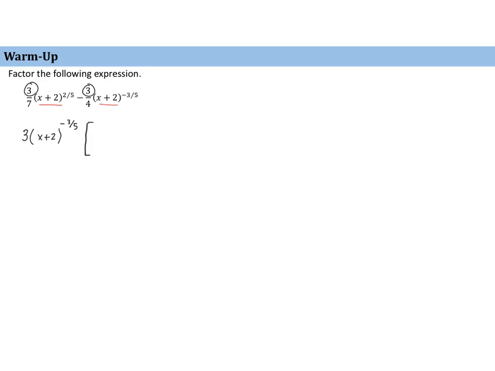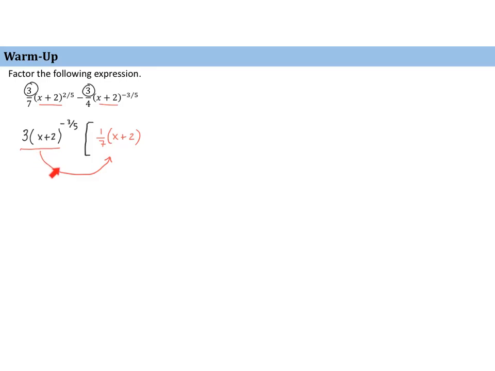To determine that, we'll look at distributing this quantity throughout in order to obtain the original expression. So if we look at 3 times the quantity x plus 2 to the negative 3/5, what would it take in order to obtain our original first term? We already see that we need a 7th of, and then we did not factor out x plus 2 to the 2/5, so we're going to have to multiply by something in order to obtain that 2/5 power.